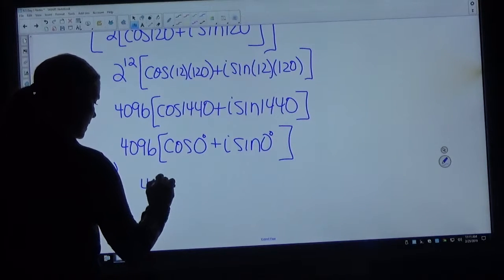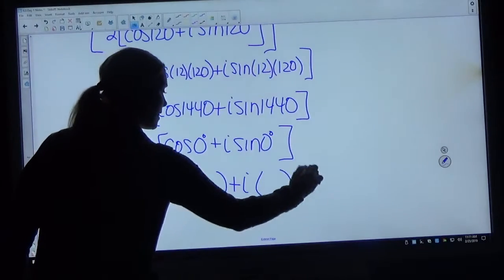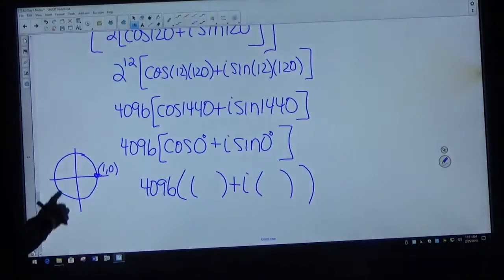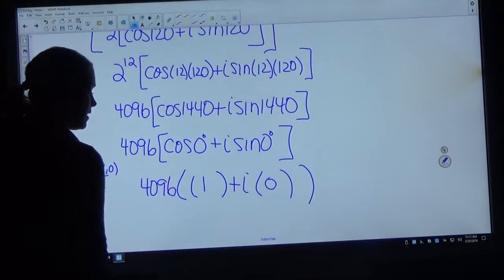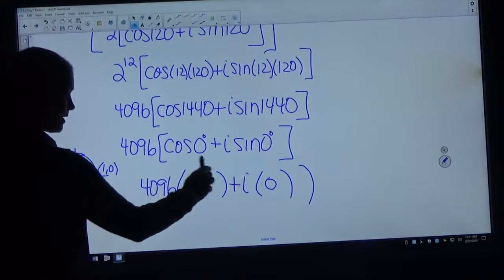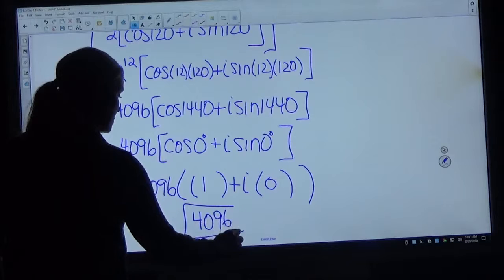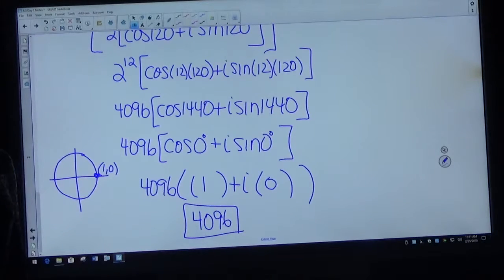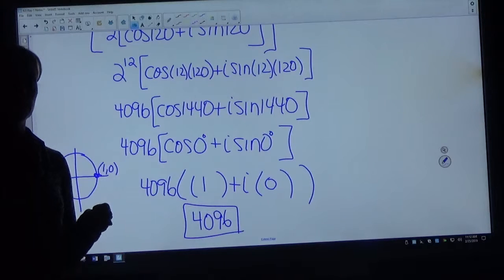So it's 4096 times the cosine of 0 plus i times the sine of 0. Well, the cosine of 0 is 1. The sine of 0 is 0. So when I distribute this, I get 4,096. That's my answer.